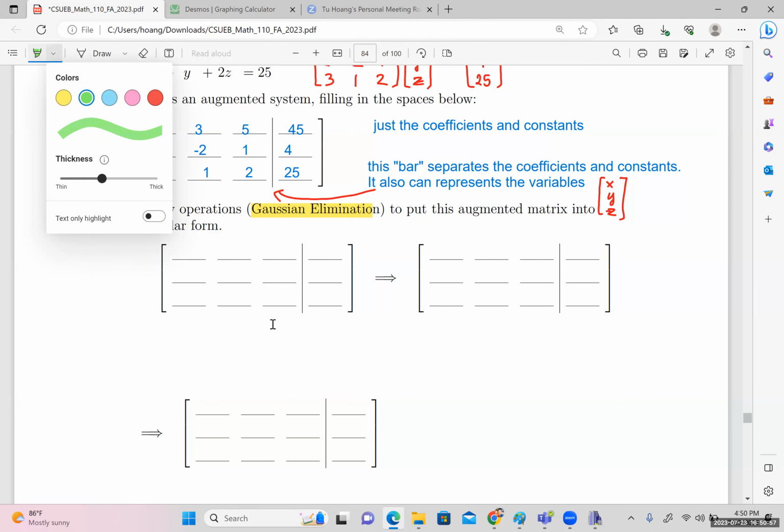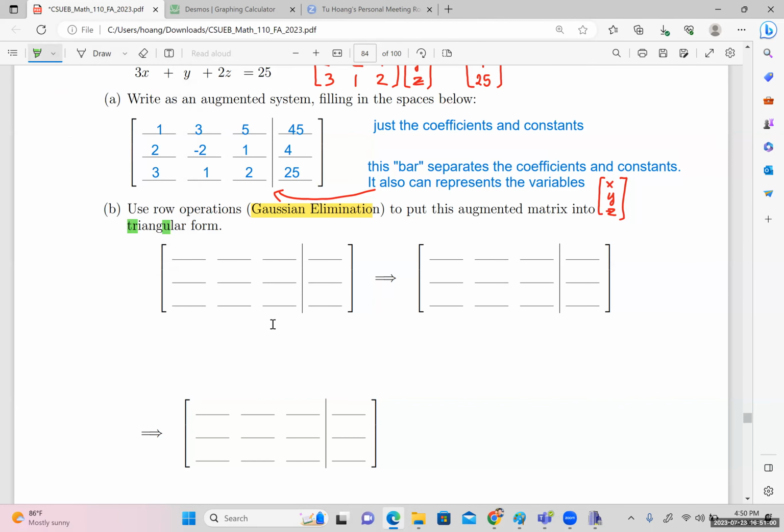First we just go ahead and put down all the numbers first.